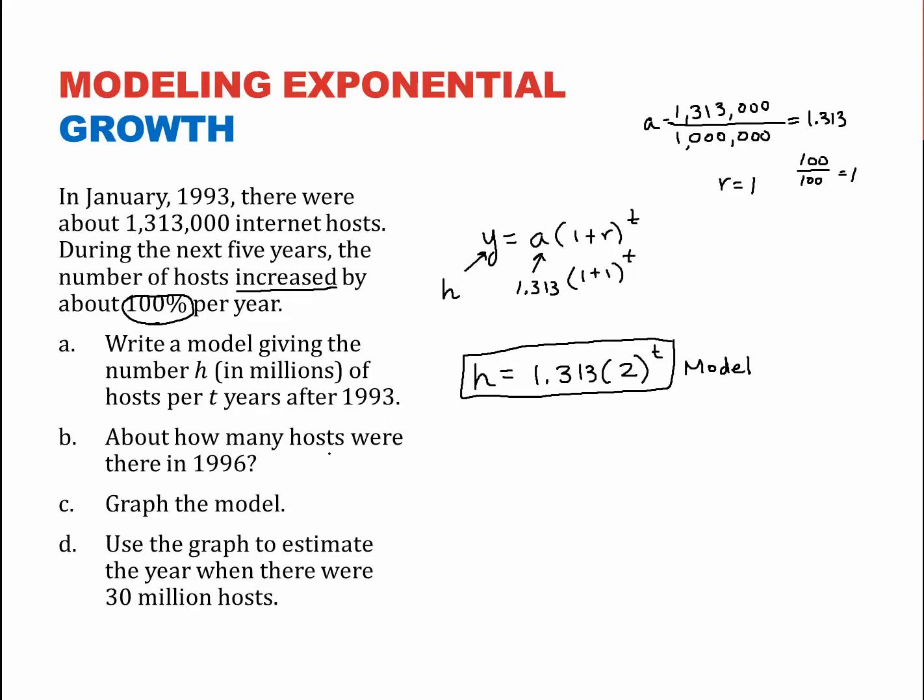About how many hosts were there in 1996? Where time was 0 in 1993, what's the time 3 years later in 1996? Well, 94 is T equals 1, 95 is T equals 2, and 96 is T equals 3. Another way of doing this is 1996 minus 1993 is 3. So T equals 3.